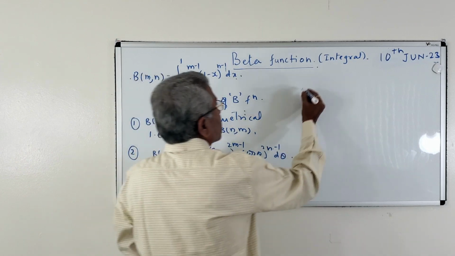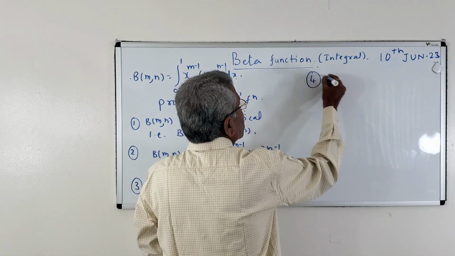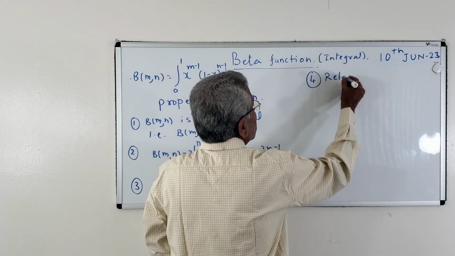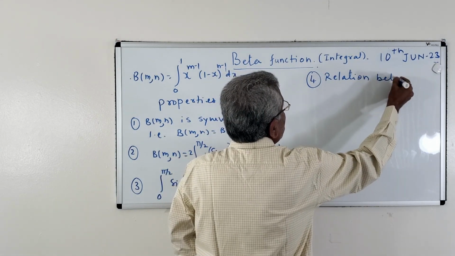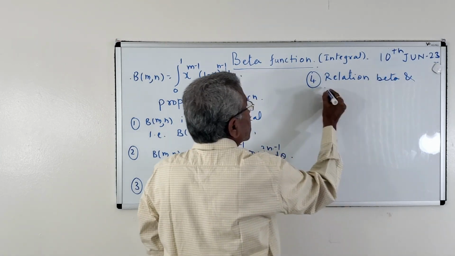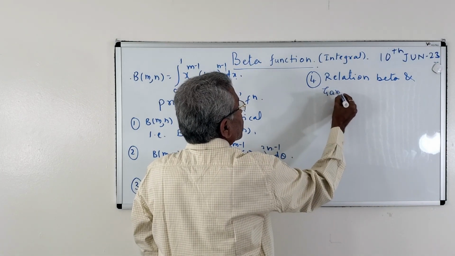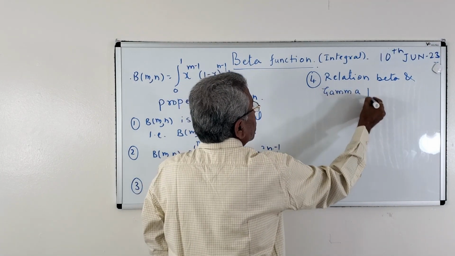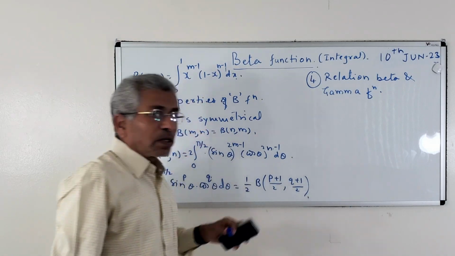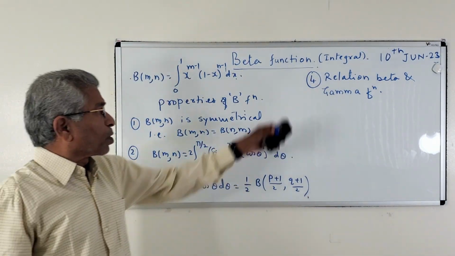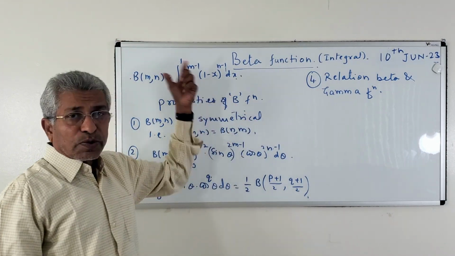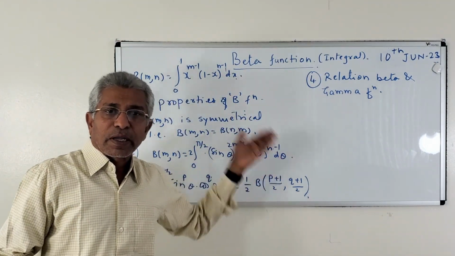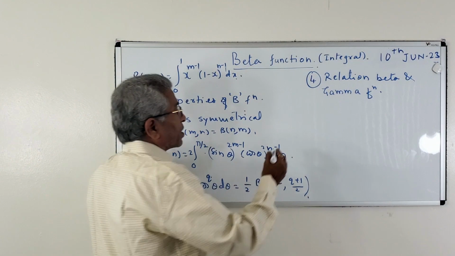The fourth one is the relation between beta and gamma function. A very important formula, a very important property. By this property, the beta function is reduced to the gamma function, and then we can find the value of the gamma function or the value of the integral.